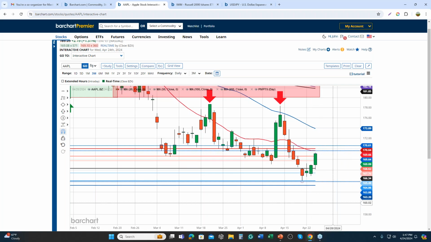Because as a confirmational trader, I want to recapture our 20-day moving average. I want to get above our third resistance. I want to get outside of my support zone.